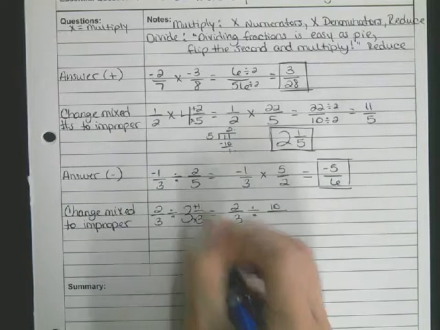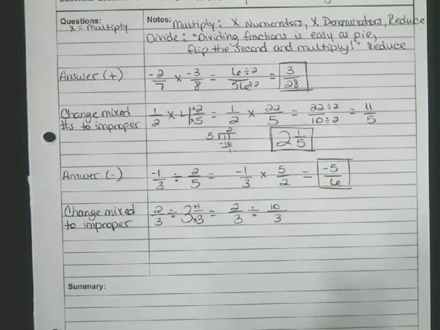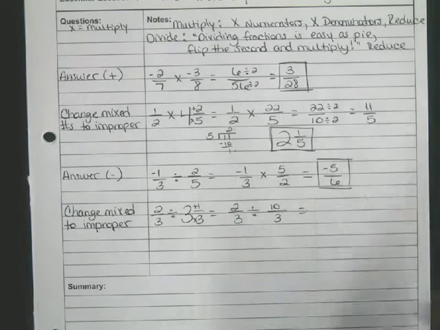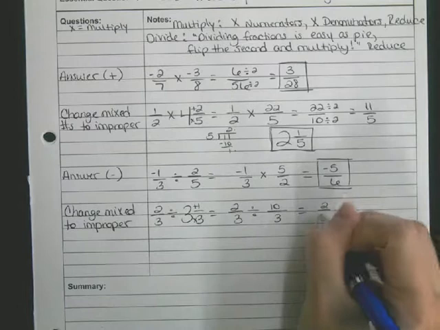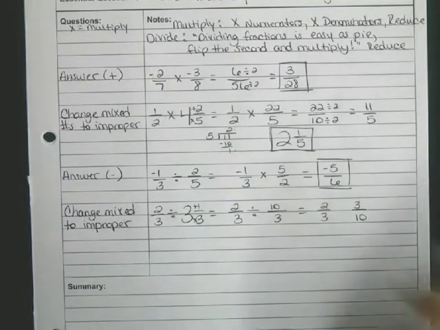So I will have 10 over 3 because my denominator stays the same. Now, I'm going to follow my division rule. So I'm going to flip the second, so I'm going to leave the first the way it is, 2/3. Change the second to 3 over 10. And I'm going to change it to multiplication.